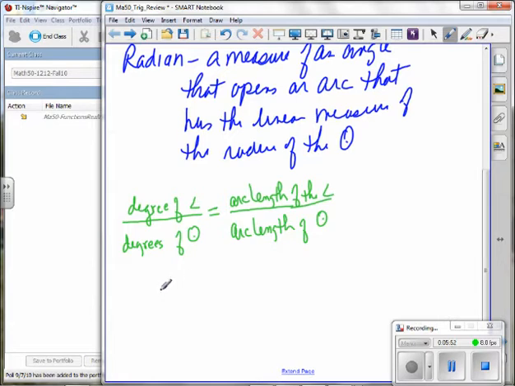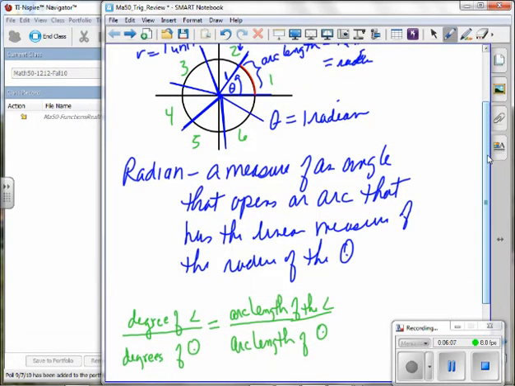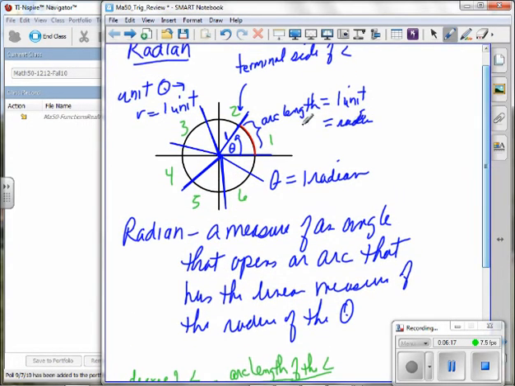Here we go. The degree of the angle, I don't know what that is. I'm going to put D there. What's the degrees of a circle? 360. Okay. What did we say was the arc length of that angle? 1. We created it so that the arc length was 1 unit. What is the arc length of the circle? What's another name for the arc length of a circle? Circumference.